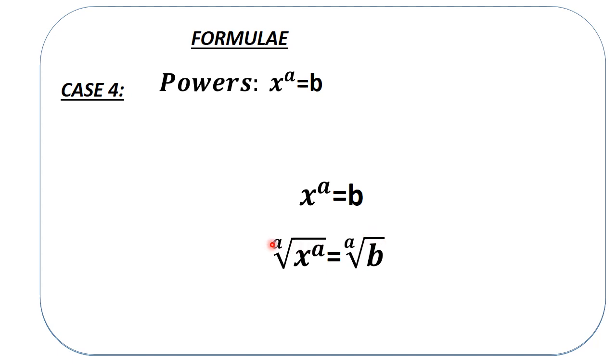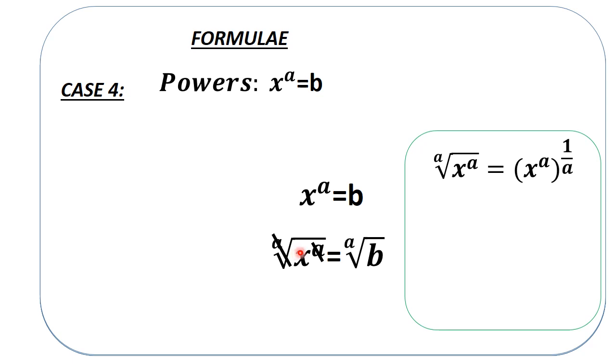So how is it that these are going to cancel? Just believe they're going to cancel. But anyway, for those who don't have faith, these two are going to cancel because of this. The a-th root of x power a, if you can recall indices, is the same as this.